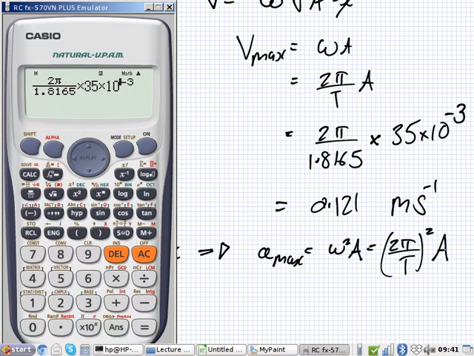If I go back to my calculator and put brackets here. Oh, thank you, Monica. The 35 should be outside it. Like this? Okay, so the maximum acceleration is 0.4188.